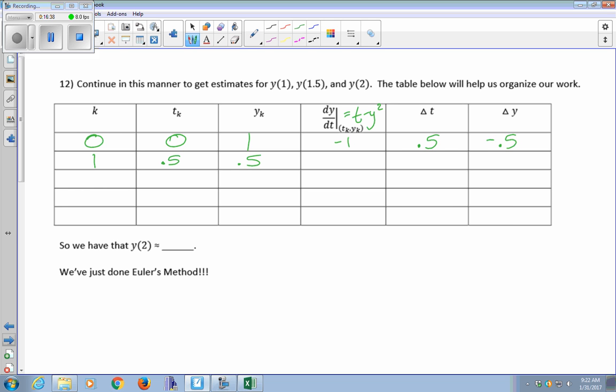I use (0.5, 0.5), and I calculate the slope at that point by plugging into the differential equation, t minus y squared. So 0.5 minus 0.5 squared comes out to 0.25. My delta t is still going to be 0.5 because I'm looking for y of 1.